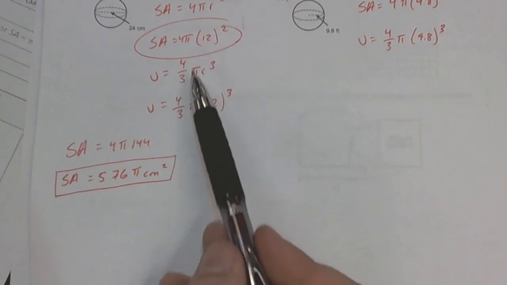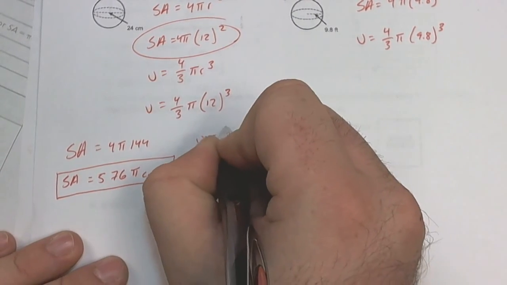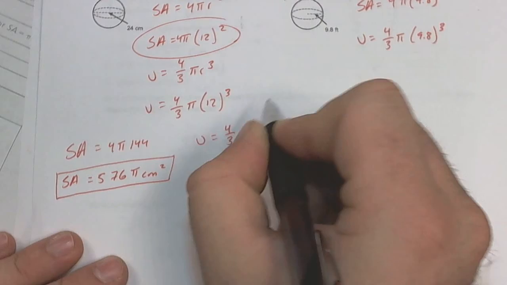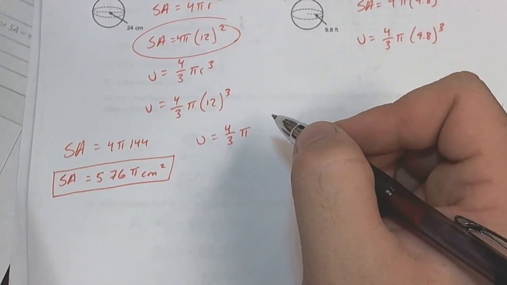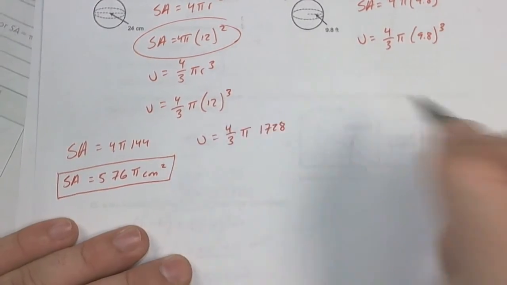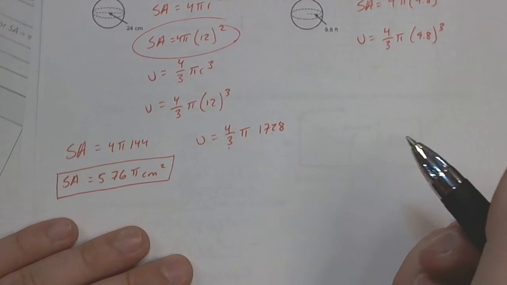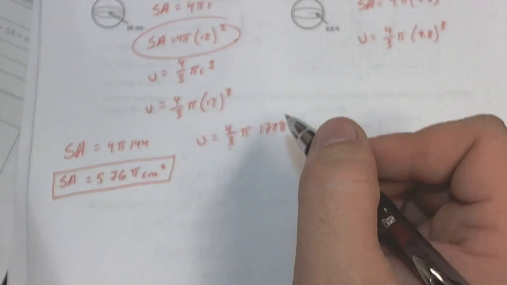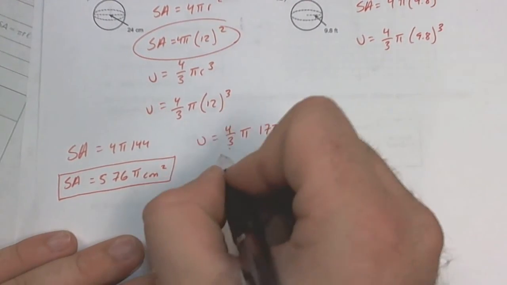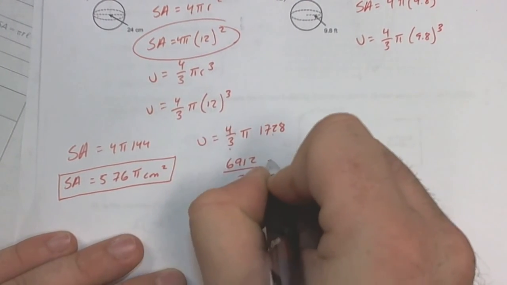Let's do the volume in exact too, because that one has a fraction. So the volume we said was 4/3 pi times 12 cubed. Well, 12 cubed is 1728. Simplify 1728 times 4/3. That's 1728 times 4, which is 6912 over 3.